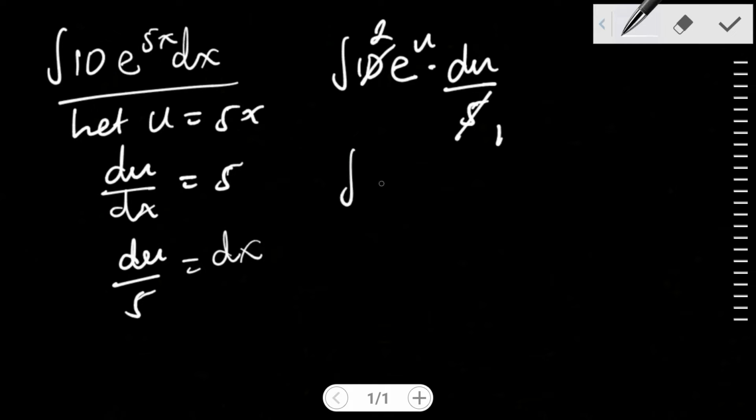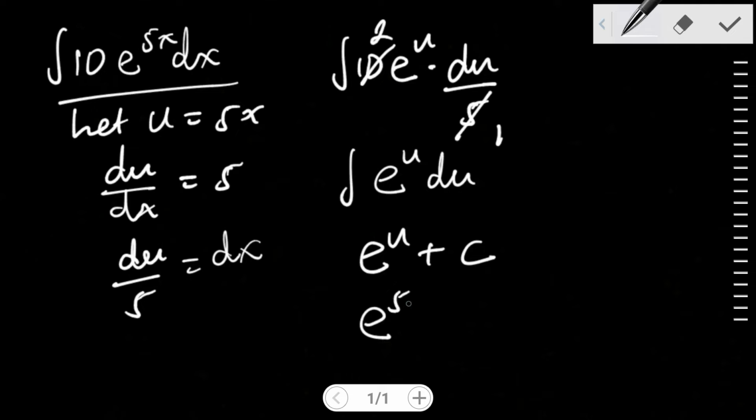So we are going to have 2e^u du. If we integrate this, we are going to have 2e^u plus an arbitrary constant. So that means I'm going to have 2e^(5x) plus c, and therefore this is how we would integrate this.